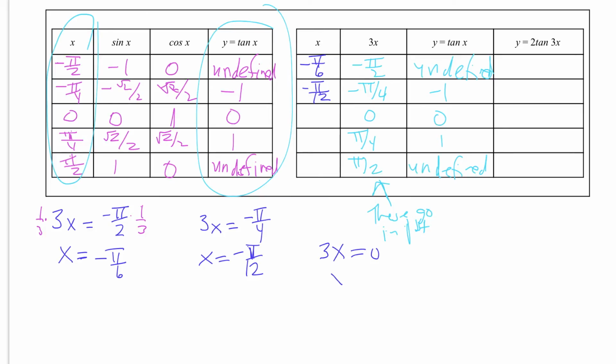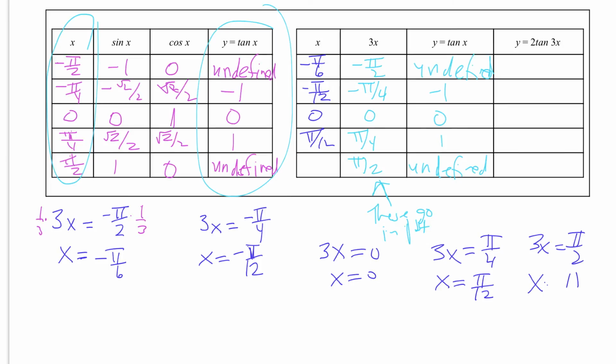Dividing both sides by 3, we get x equal to 0. And if we take 3x, set it equal to positive pi over 4, multiplying both sides by 1/3, we get x equal to pi over 12. And our last one, take that 3x and set it equal to pi over 2. Multiplying by 1/3 gives us pi over 6.